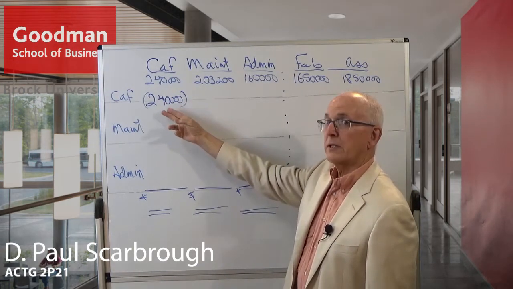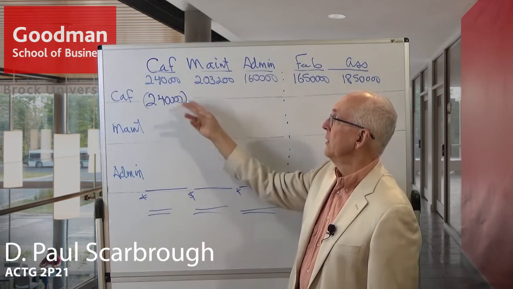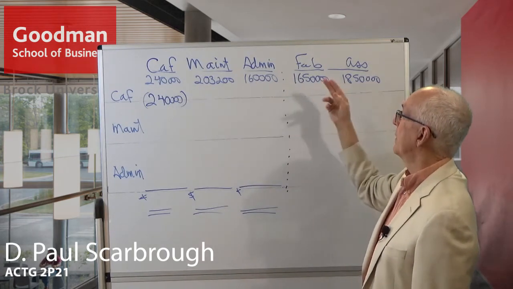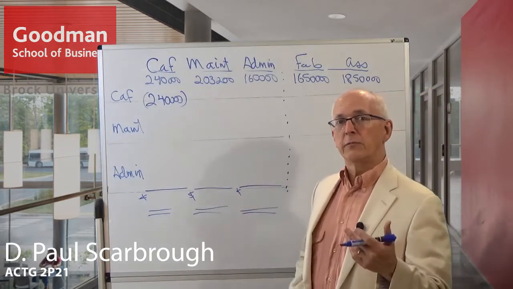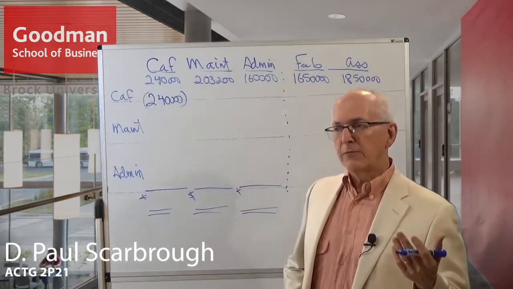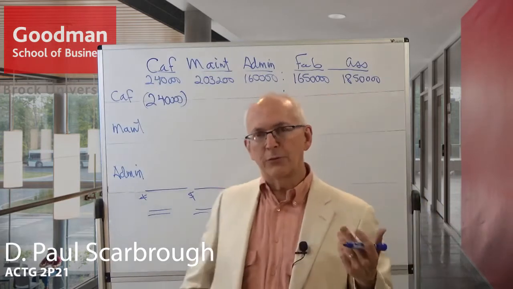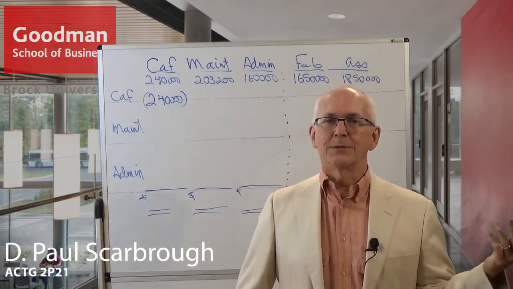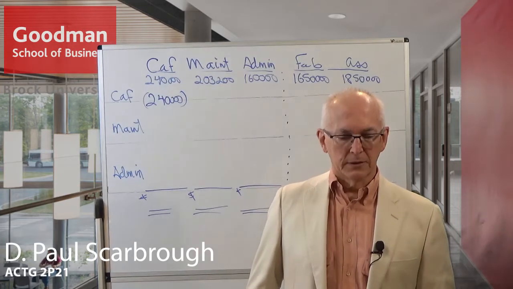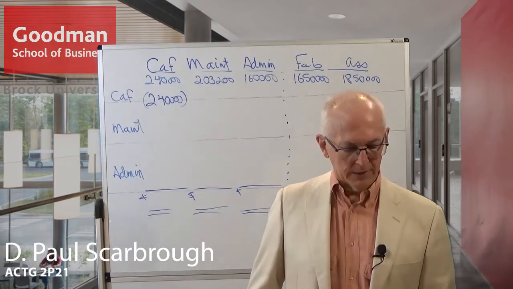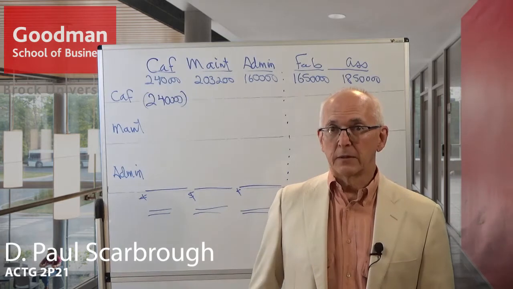So you're going to transfer from the cafeteria the cost to the maintenance department, admin department, fabrication, and assembly based on the number of employees. Shamefully, as I was talking in the last video, I kept saying direct labor hours, but it was actually number of employees. All the numbers were correct. And this time we're going to be looking at number of employees.